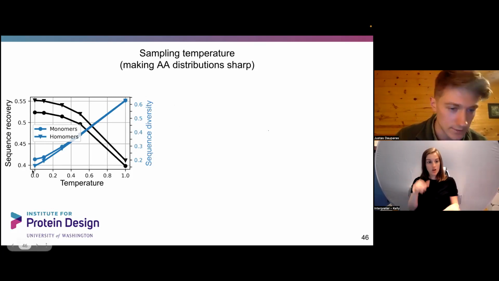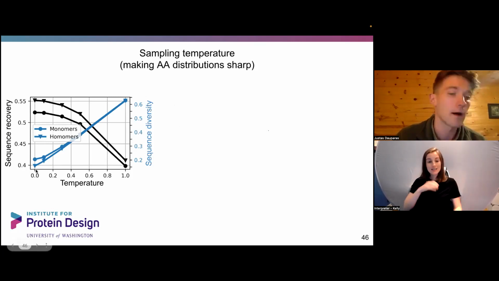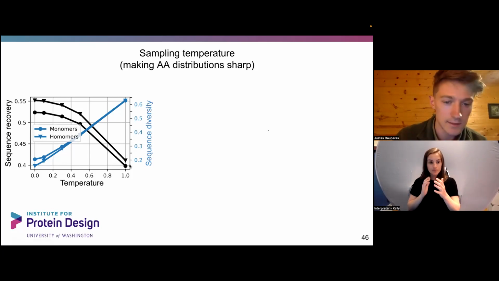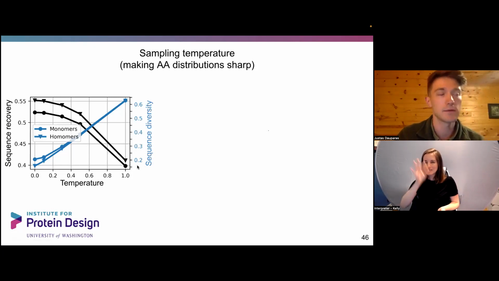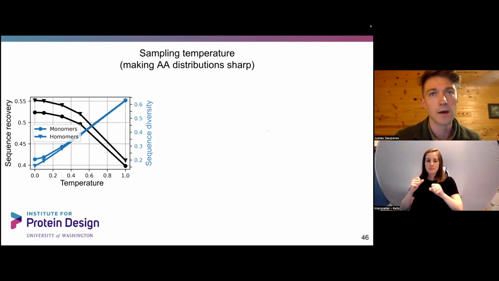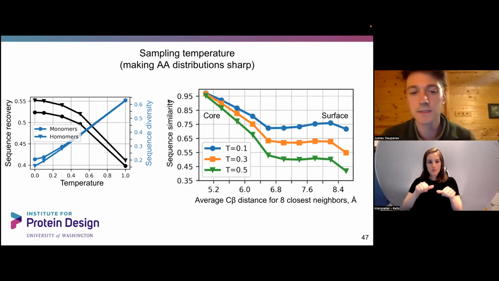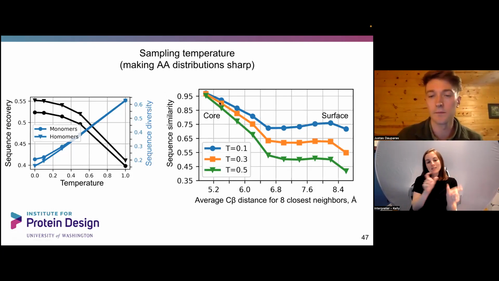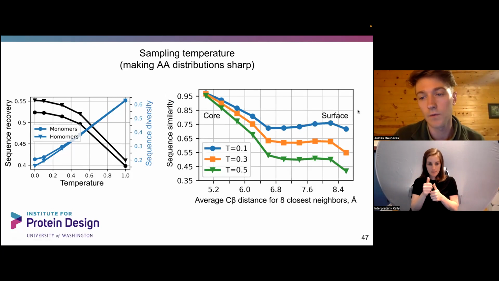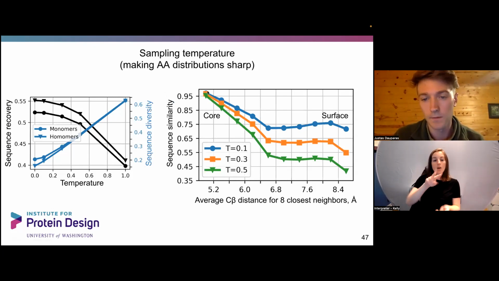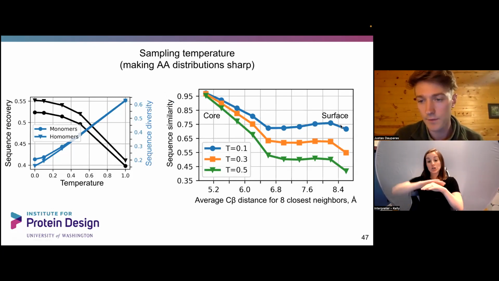It's interesting to notice that at 0 temperature, which means taking argmax, the sequence diversity is still not exactly 0. It's about 10%. This 10% sequence diversity is coming from the random decoding order, and that these models are slightly different from each other. If we look at the sequence similarity per burial, the core versus the surface, at different temperatures, we see that the core is quite the same but the surface is quite different.